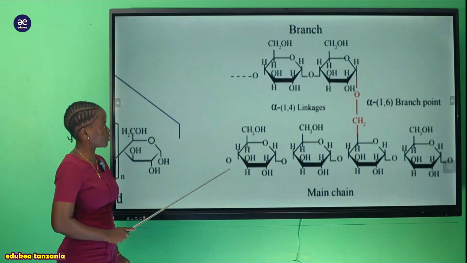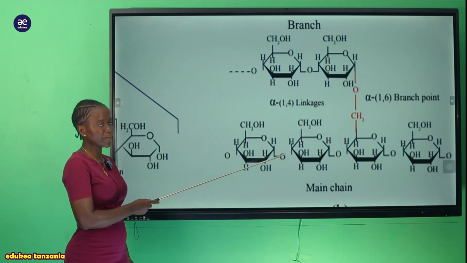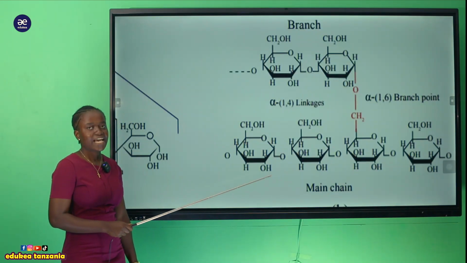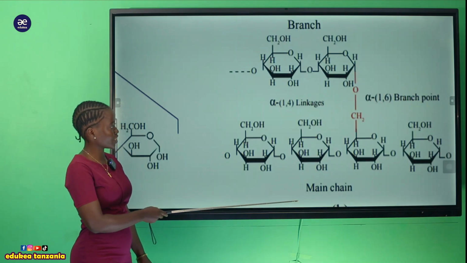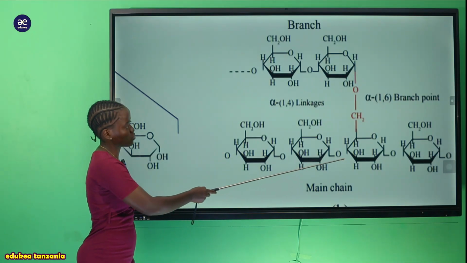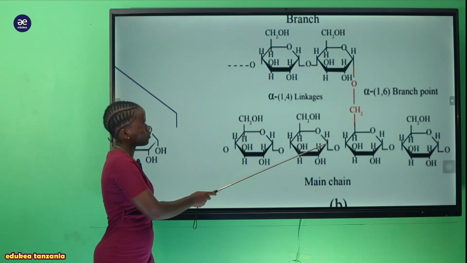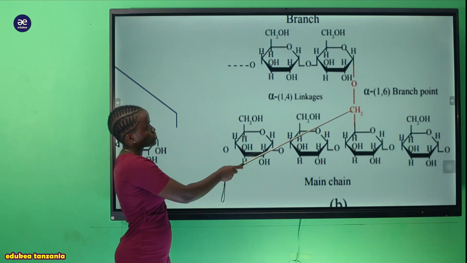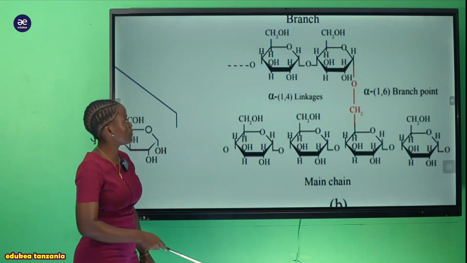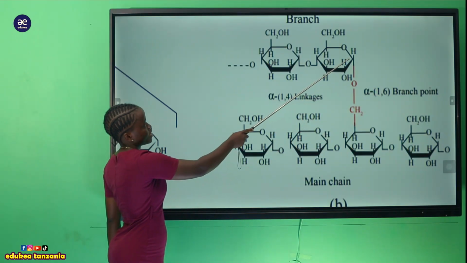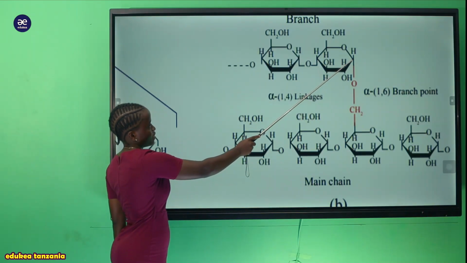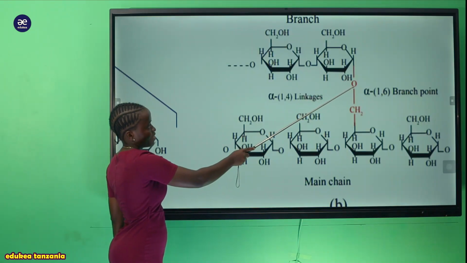Now you can see it is quite a difference from this structure, which is the amylopectin. Amylopectin ni tofauti ukikompare na ile ya amylose, ambapo sasa kwenye structure ya amylopectin unaweza ukaona there is a formation of 1,4 glycosidic bond, but also there is formation of alpha 1,6 glycosidic bond, ambayo hii imetokea huku kwenye hii structure. Ukianza kucount vizuri hapa unaweza ukaona this is 1 ambayo imetokea kwenye carbon namba 1.